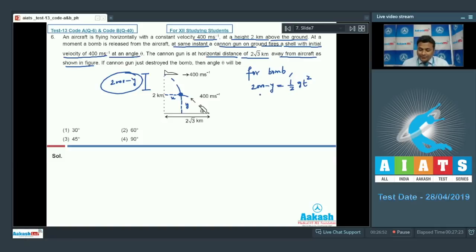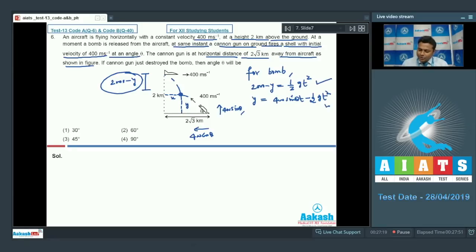Now for cannon, we have vertical displacement given y equals, horizontal velocity is 400 cos theta, initial vertical velocity 400 sin theta for cannon. So y will be 400 sin theta t minus half gt square.